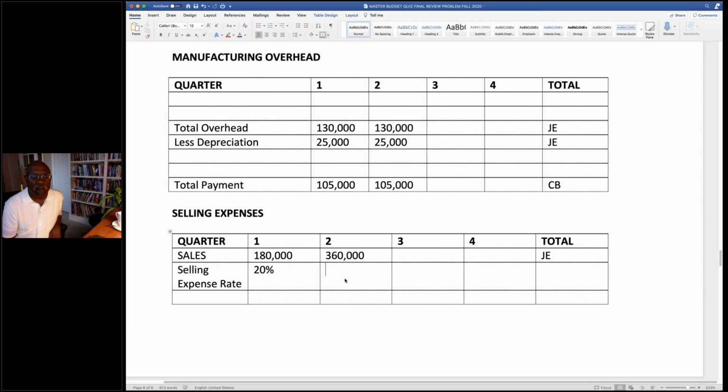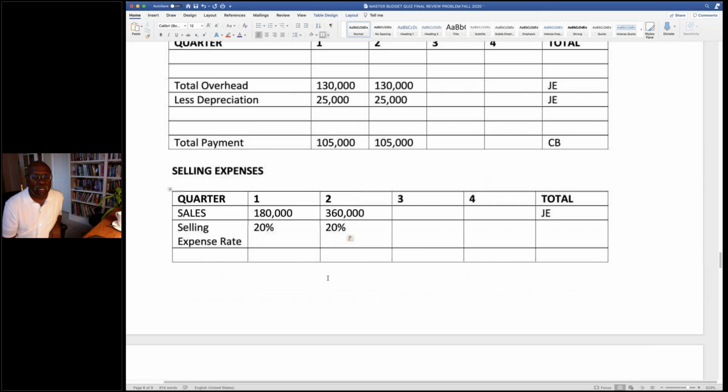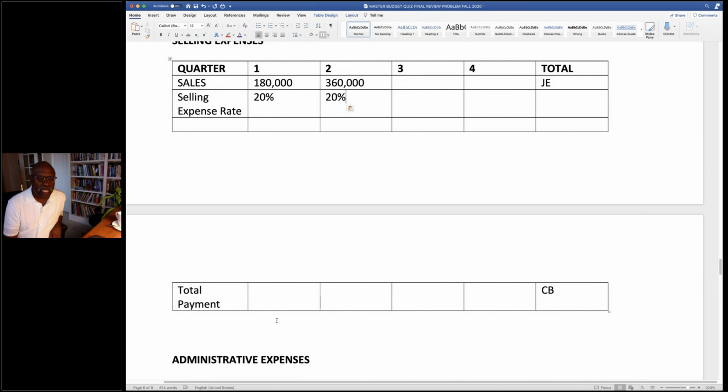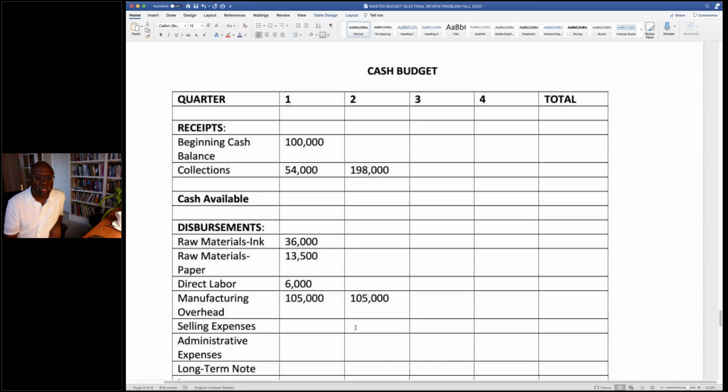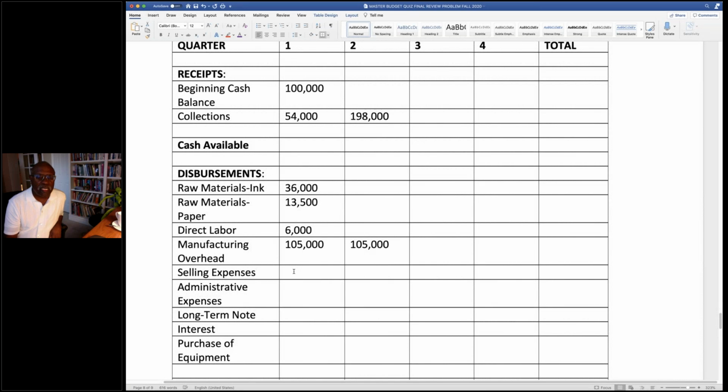So what's 20% of 180? 36,000. What's 20% of 360? 72,000. Got selling expenses in here.